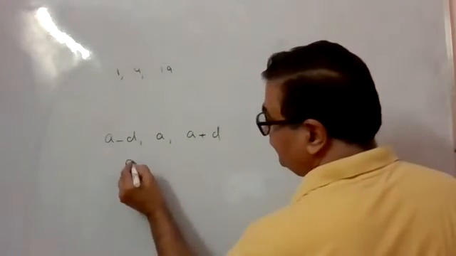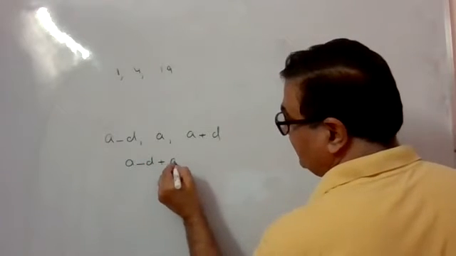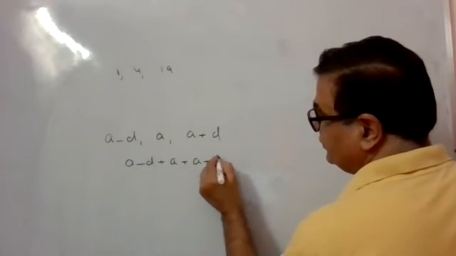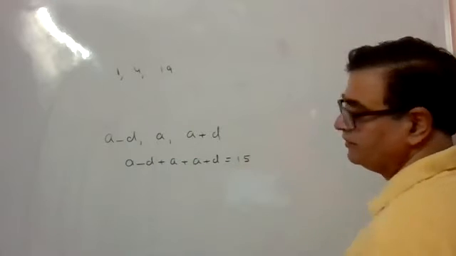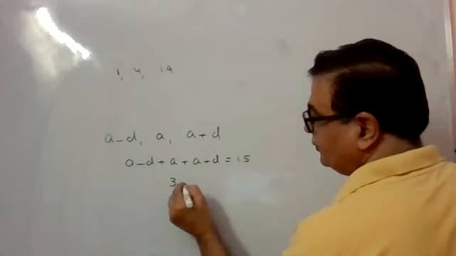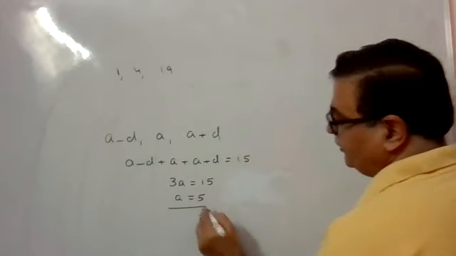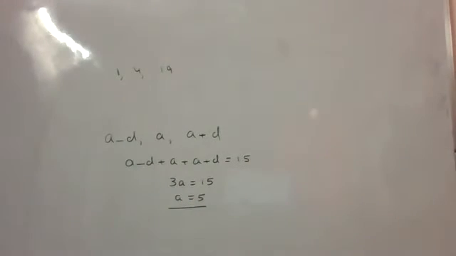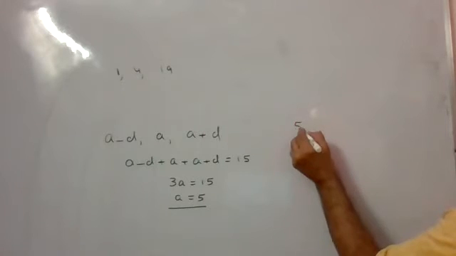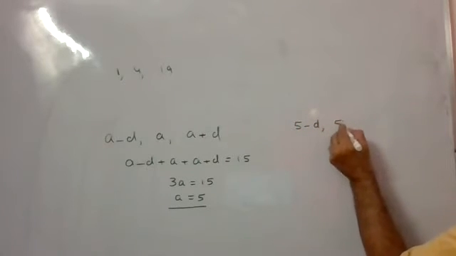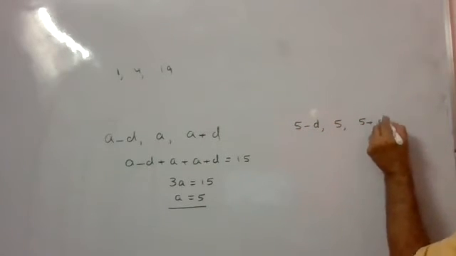Then their sum is 15. So a minus d plus a plus a plus d comes out to be 15. Then 3a comes out to be 15. So a is coming 5. That means our numbers are 5 minus d, 5 and 5 plus d.